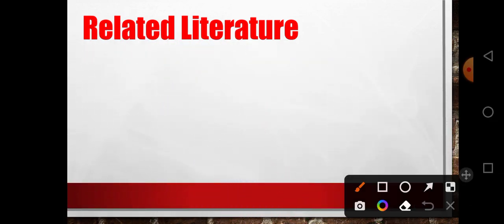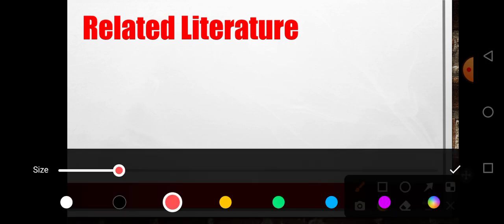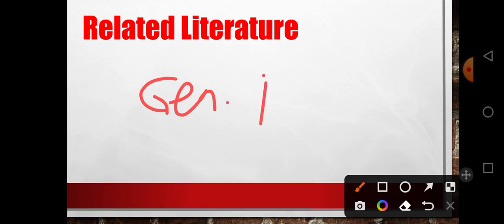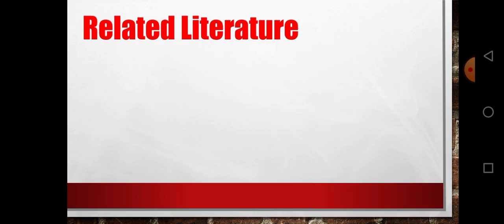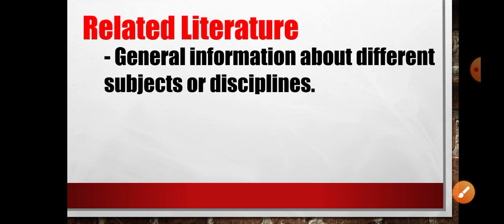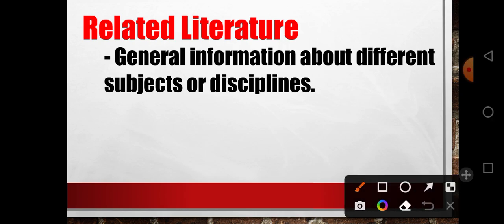When we say related literature, these are the resource materials that contain general information about various disciplines or subjects. So it contains broad or general knowledge about the different courses, subjects, or disciplines.